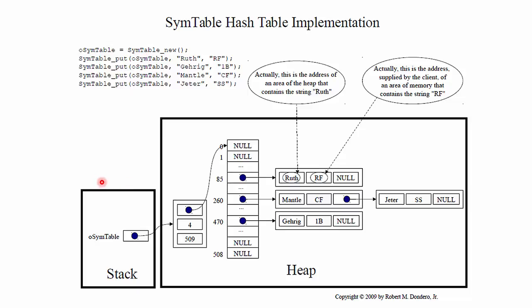Here's a picture, a conceptual view of what you may want to do. Like before, you have a symbol table variable on the stack, which points to a symbol table header structure that points to an array of linked lists.